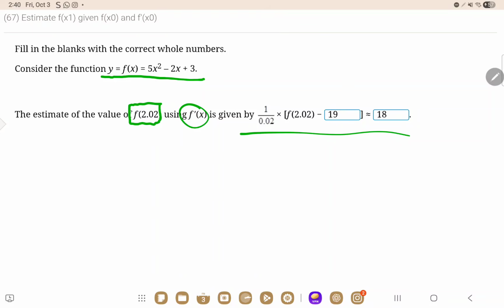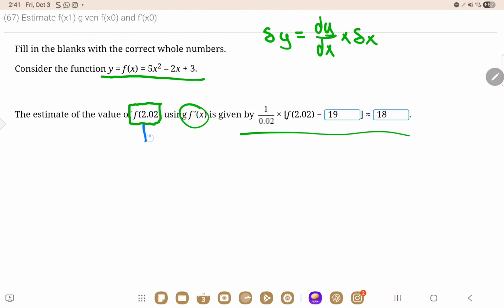Usually, first of all, we need to remember the formula I gave you last time. Small change in y equals dy by dx times small change in x. Okay, now that everything's set, we have our values to start solving. They didn't give you dy, nor dx.